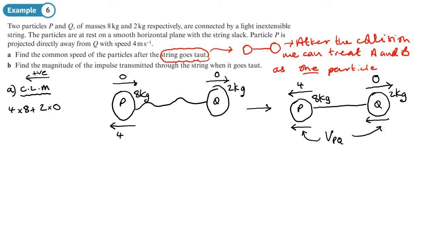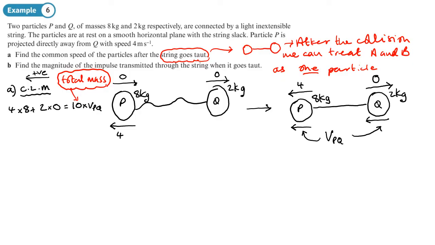The momentum after the collision, we now put them together and treat them as a single object. Later we'll talk about the word coalesce, as if they've joined together and become one. So now we just use the total mass, which is 10, times their common velocity, which I'll call the velocity of PQ. This 10 here is the total mass, so you treat them as one because of the reasons we've said before.